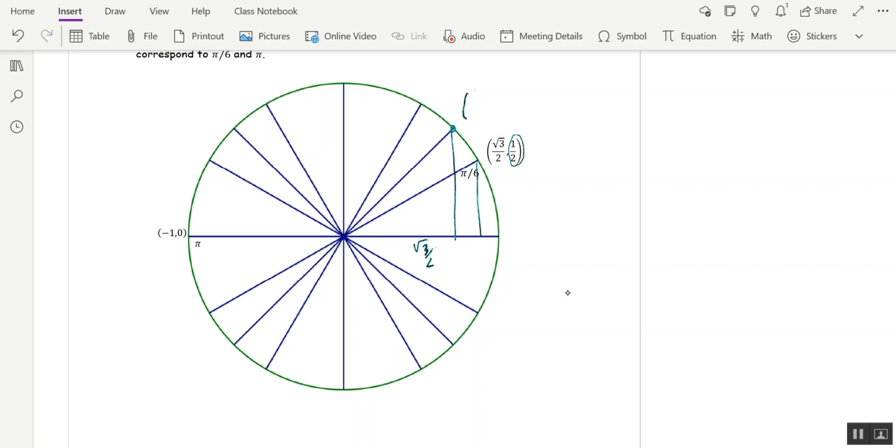So this would be 1 over root 2, 1 over root 2. For pi over 3, now the long side is the opposite side, and the short side is the adjacent side. The adjacent side is the x coordinate, so that's going to be a half. And then the y coordinate is root 3 over 2. And then we get up here on the y-axis, x is 0, y is 1.